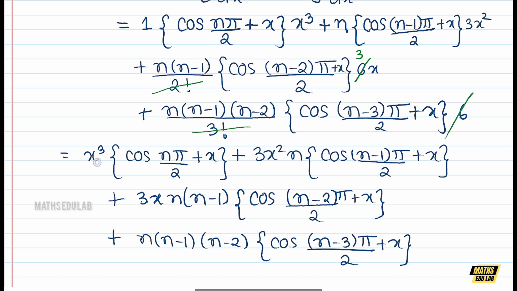So the answer is x cube cos of n pi by 2 plus x, plus 3x square n cos of (n minus 1) pi by 2 plus x, plus 3x n into n minus 1 cos of (n minus 2) pi by 2 plus x, and then n into n minus 1 into n minus 2 cos of (n minus 3) pi by 2 plus x. So this is the answer for the given question.